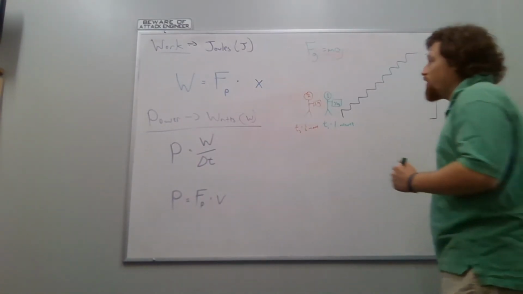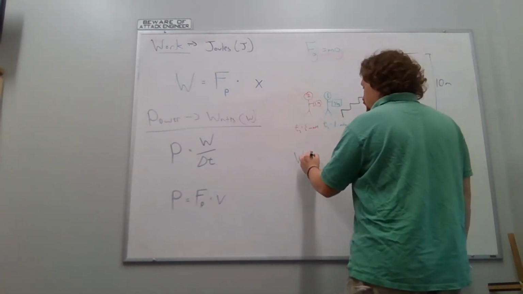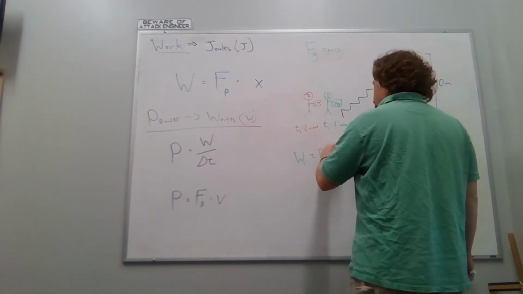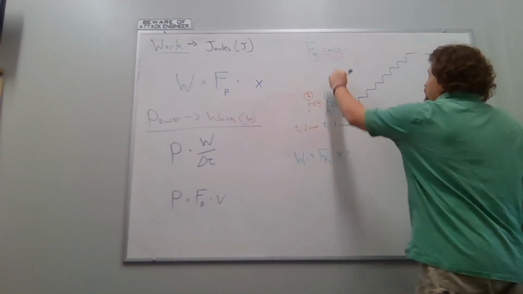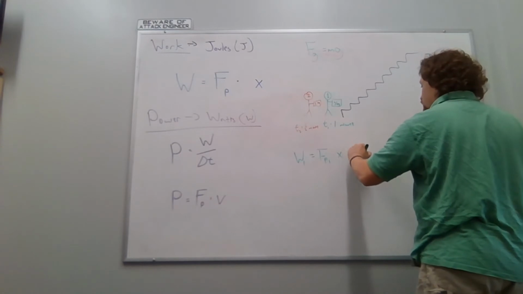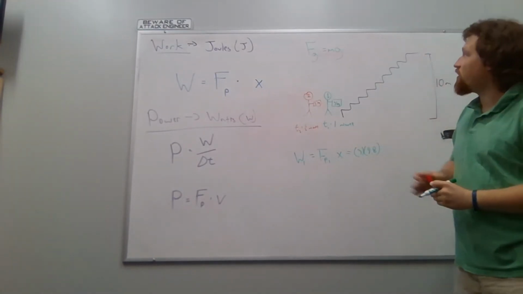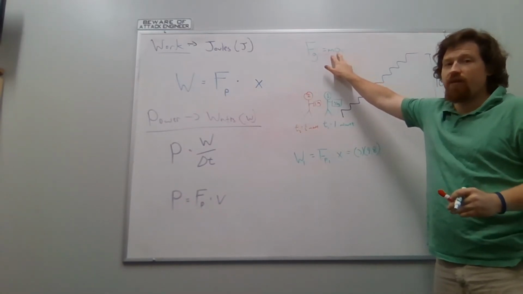So, for each person, this is going to be work 1 in green. We want the force parallel 1 times x. The force exerted is going to be equal to the box's mass, 3 kilograms, times 9.8. So, we've plugged in mg for force because this is the force you would have to lift upwards.